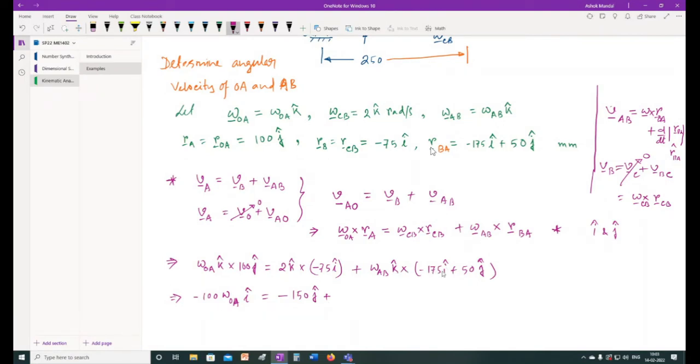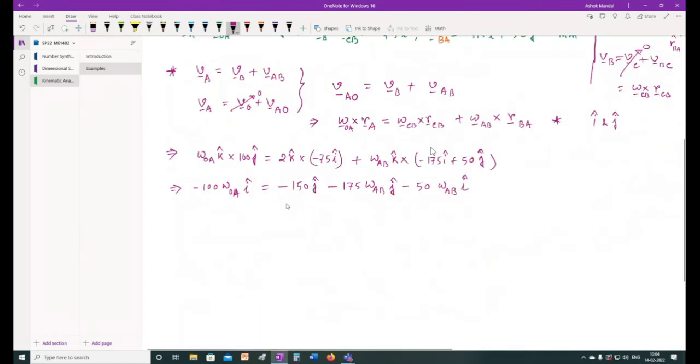K cross I is again J, so that is minus 175 omega AB J. And what is the last term? K into J is minus I, so minus 50 omega AB I. Right?